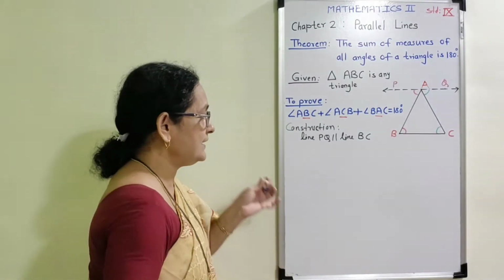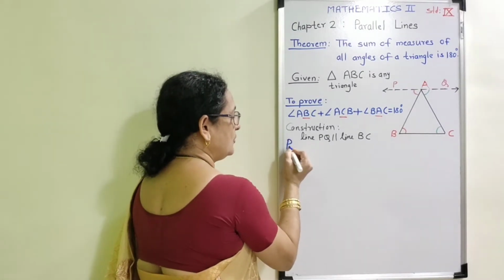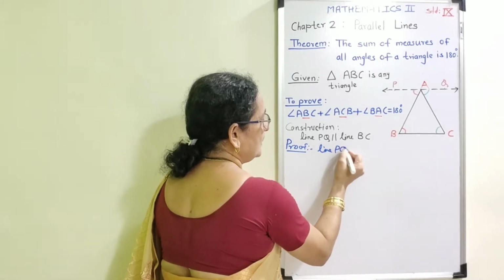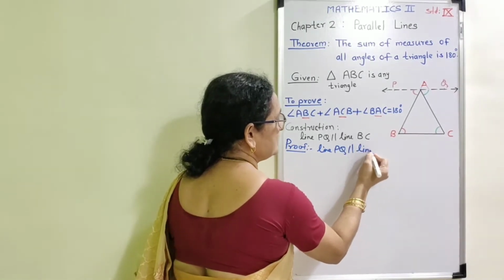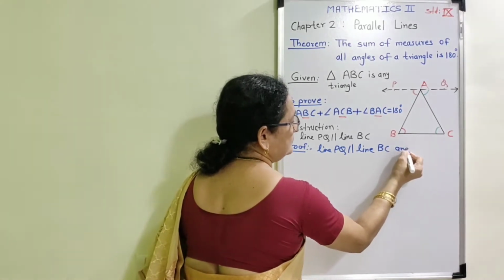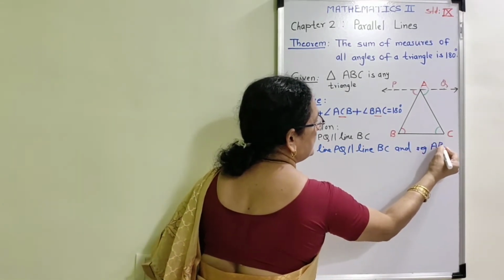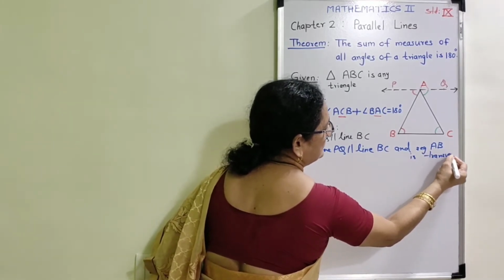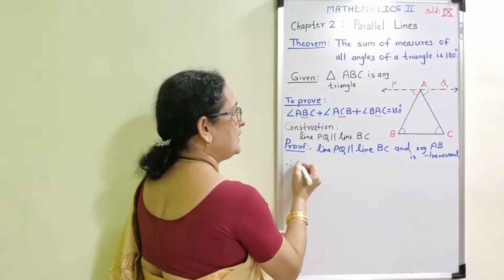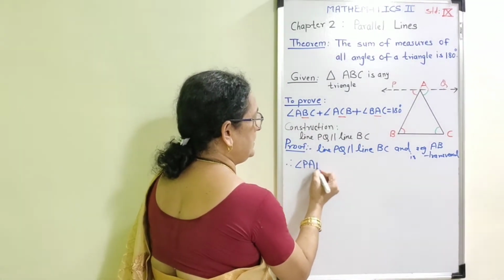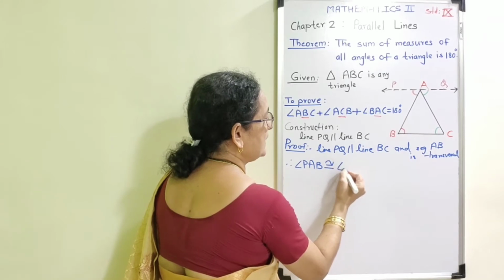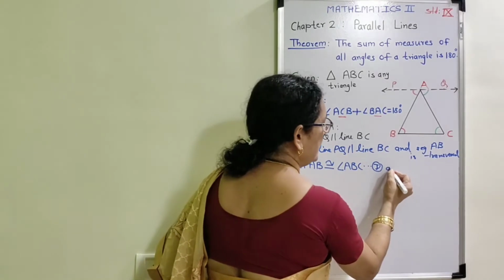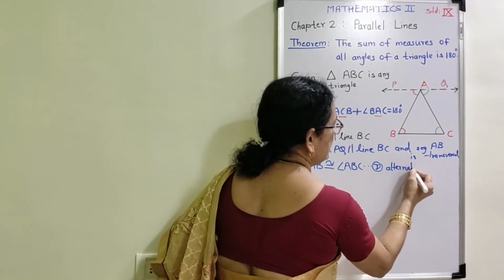Now I am going to write in short all the steps. Now first step of proof: line PQ is parallel to line BC and segment AB is transversal. Therefore, angle PAB is congruent to angle ABC. This is my statement number 1. The reason is alternate angles.